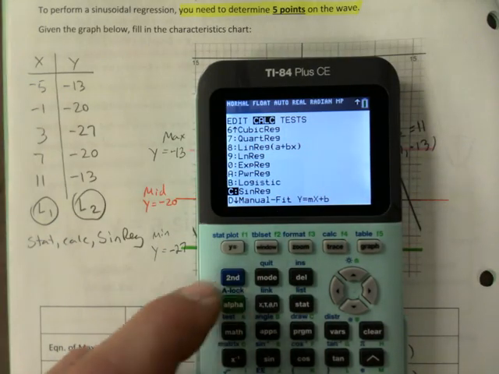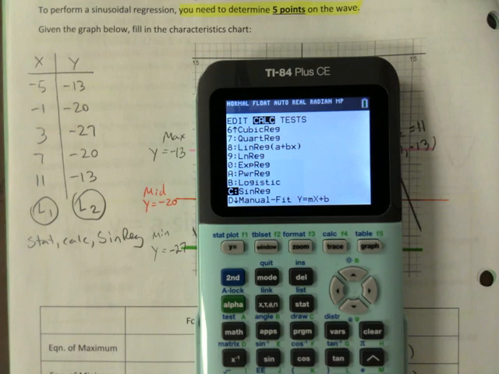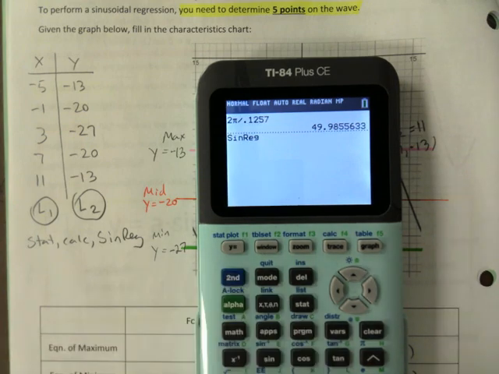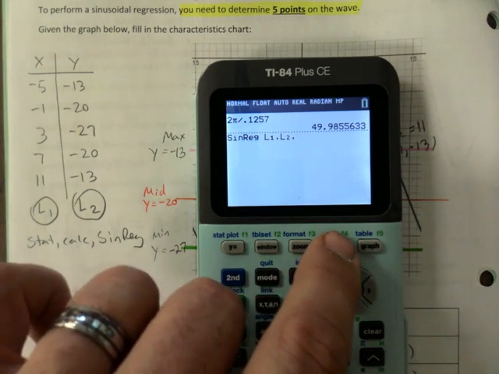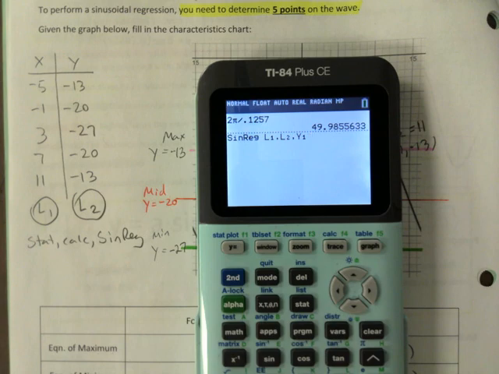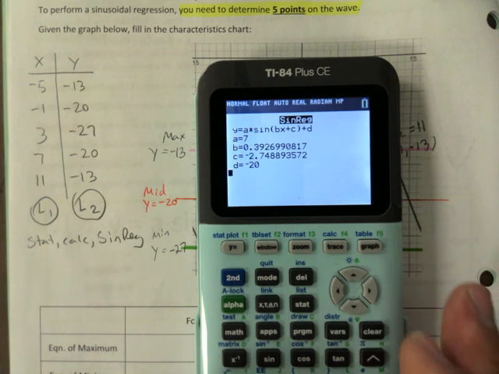Option C. For me, it's easier to just scroll down. I'm going to hit enter. Second 1, comma, second 2, comma, alpha trace. Alpha trace. Boom. There we go.